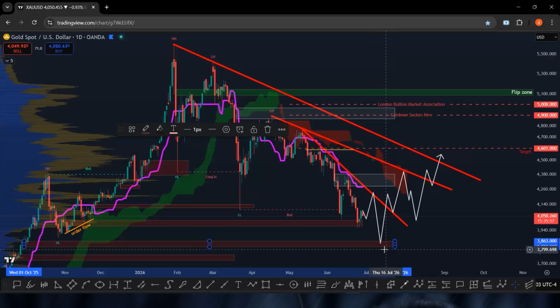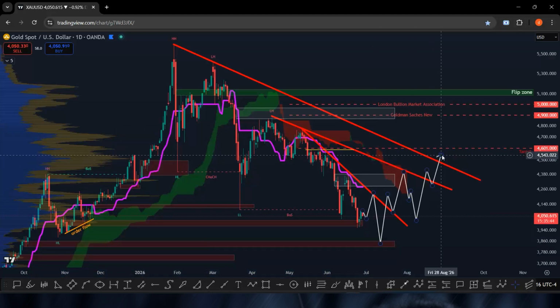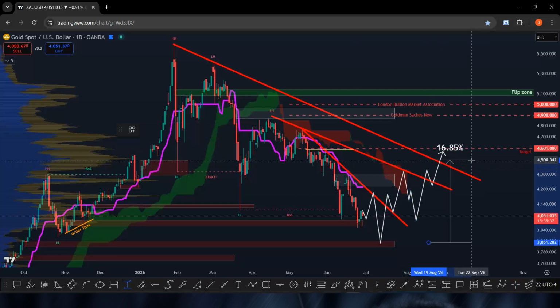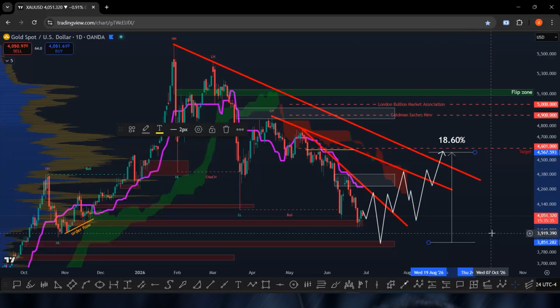You can look for long signals here and buy it with a tight stop loss, and cash it out around 4,600. And it will give you around 20%, 80% of gains during 2026.